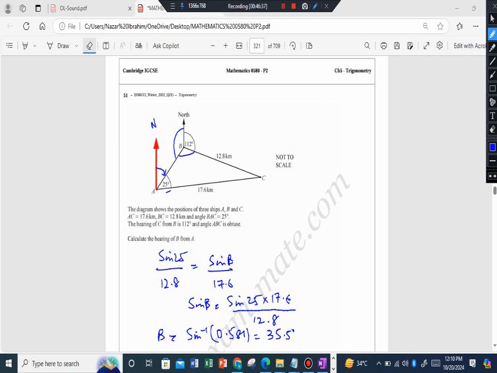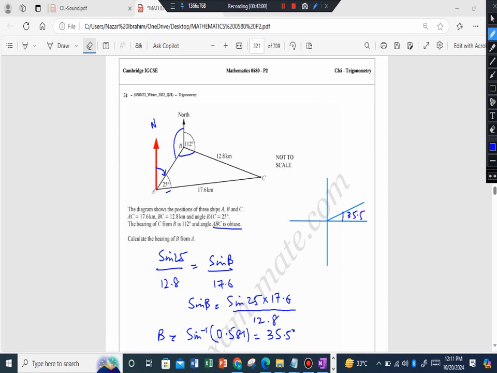But the question is saying that ABC is obtuse, it's not an acute angle. Again, I will make a Cartesian plane. If this is 35, it's in the first quadrant.